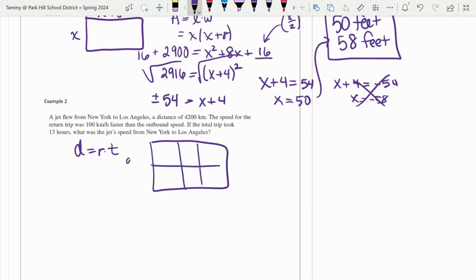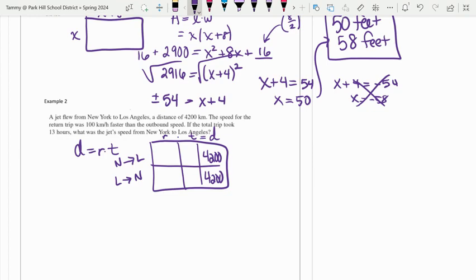So we're going to have a distance going out and then coming back. We're going to have rate times time, and we're going to put equals distance in this column. So I know my distance on both of these is 4,200. Let's say this is New York to Los Angeles, and this will be Los Angeles to New York.